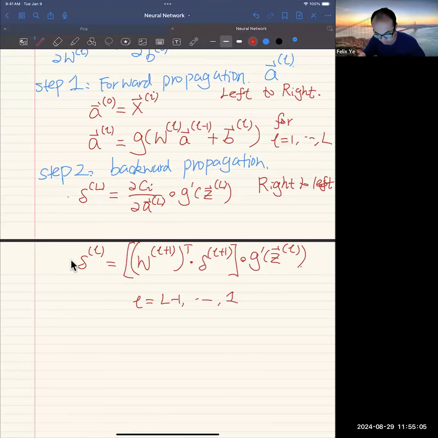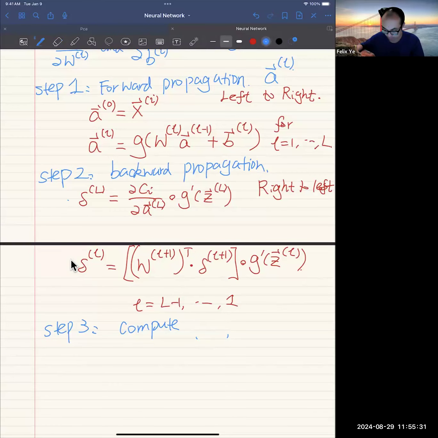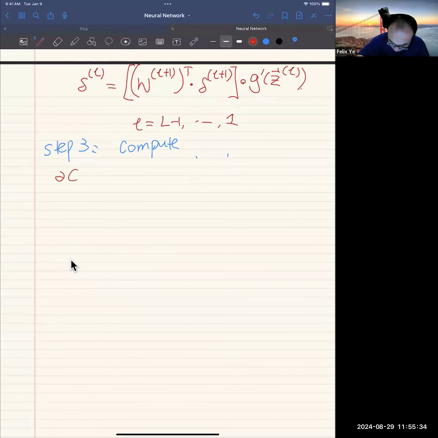So with all these things that we calculate, we should compute all the derivatives, which is partial C_i, partial W_L is the delta_L times A_{L-1} transpose.